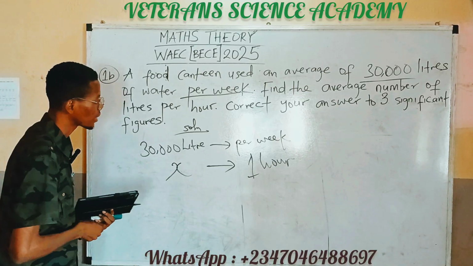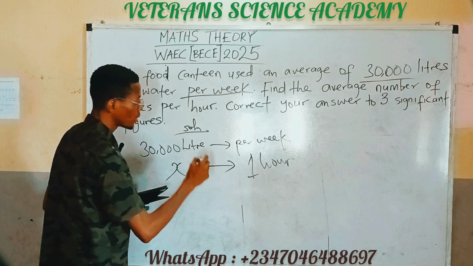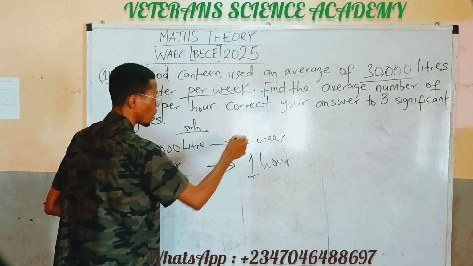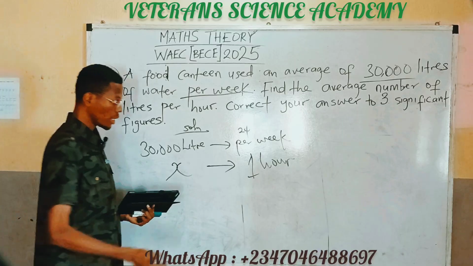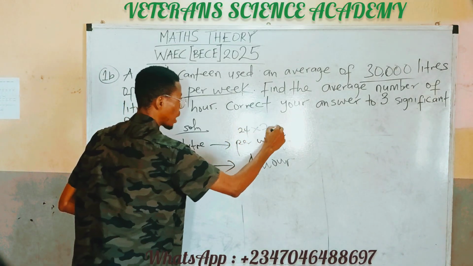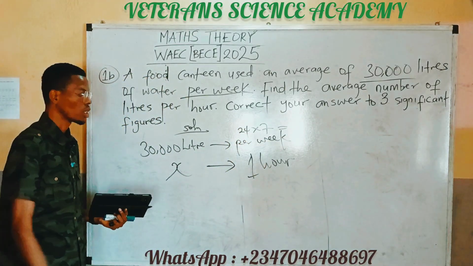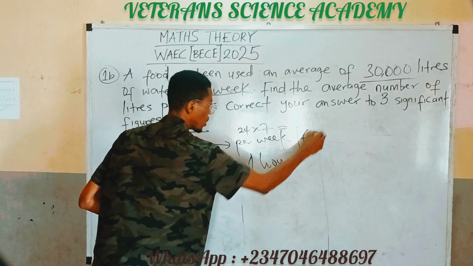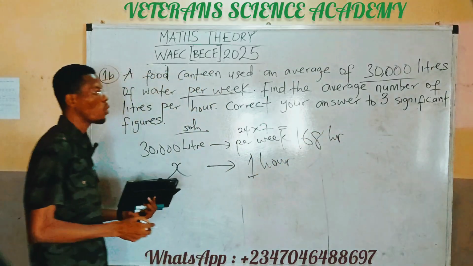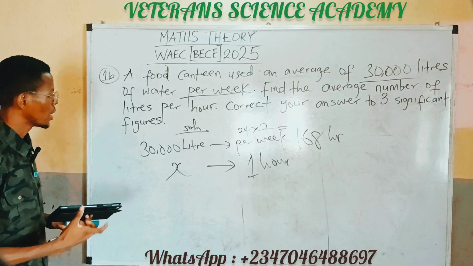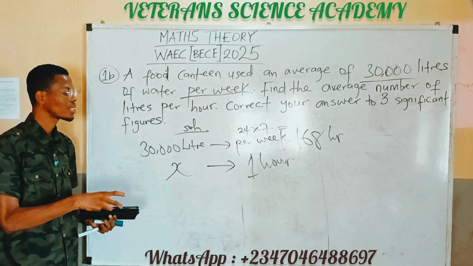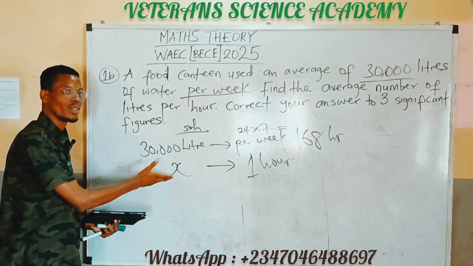In a day we have 24 hours, so in a week, which is 7 days, we have 24 multiplied by 7, which gives us 168 hours per week.